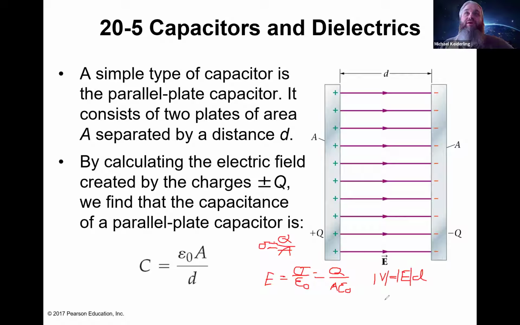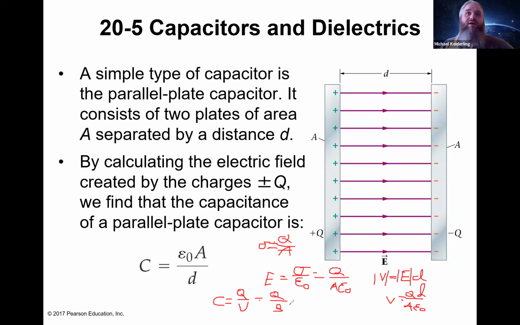So this is going to be Q over area epsilon naught, and then capacitance is, of course, Q over voltage. So we have Q over, oh no, there's a distance here.